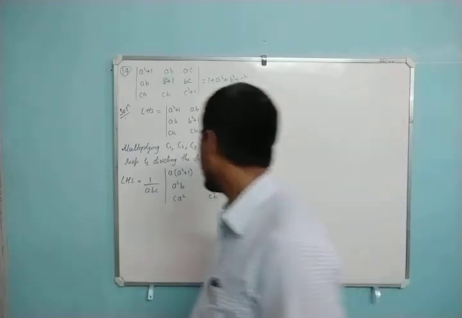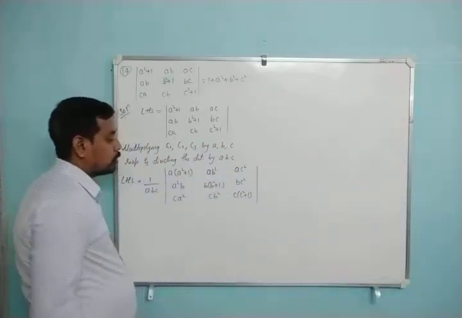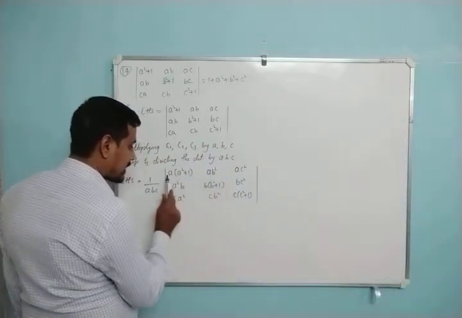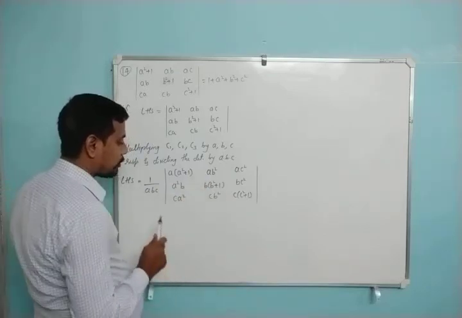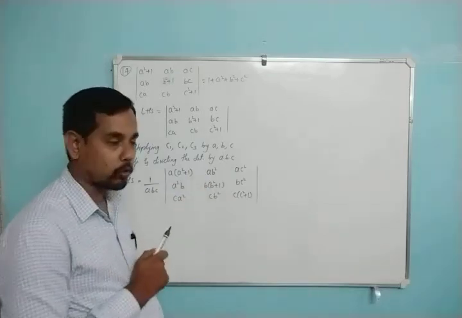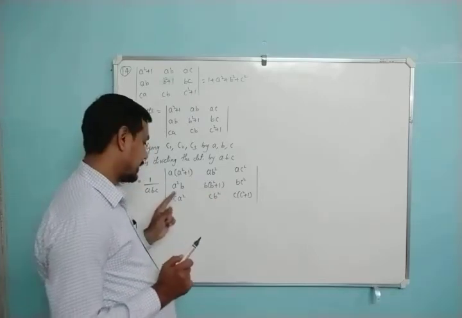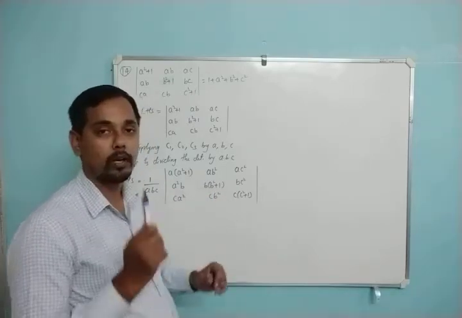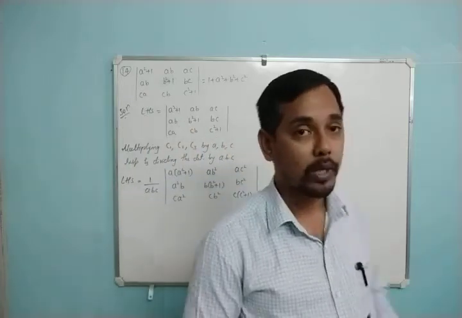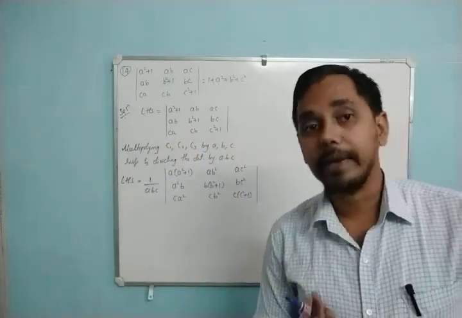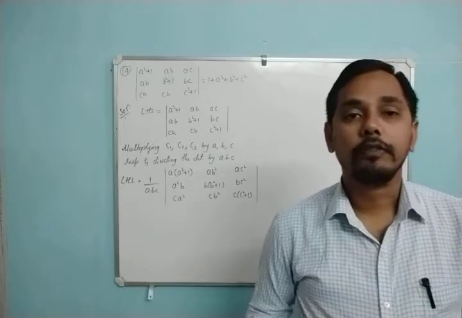Okay, so now in the first row you can see a is common, so take a common from the first row. In the second row b is common, so take out b. In the third row c is common, so take out c. So in the first row we have a common, so I am taking it out of the determinant.